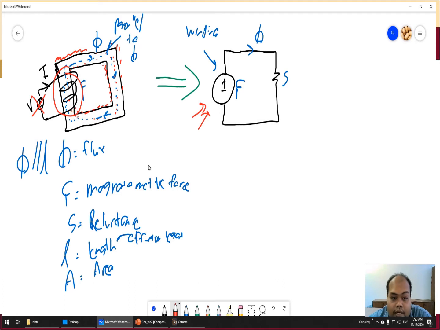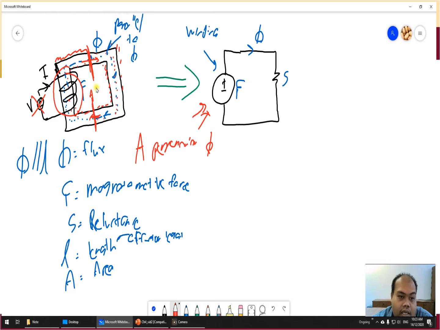And then how about area? Area is perpendicular to flux, or to length. Because flux and length are parallel, area is perpendicular. If you look here, the flux moves like this, so the area is the cross section here.